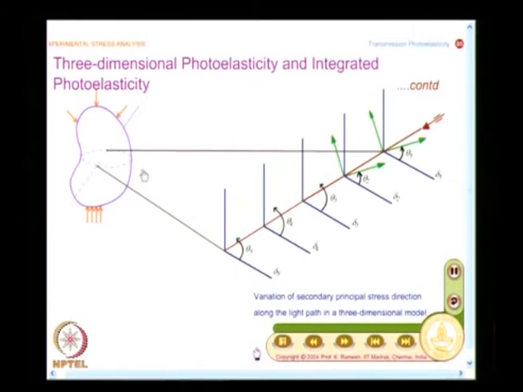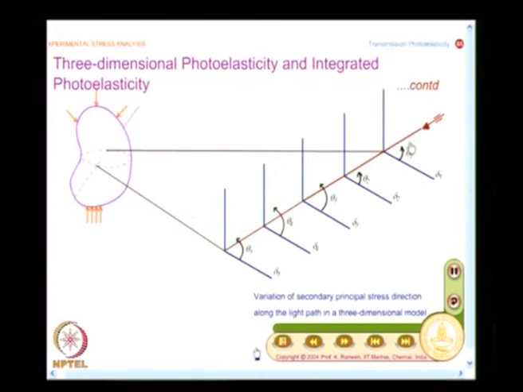I have only shown 5 representative planes for this light path incident. You will have many planes and you can consider all of them as individual retarders. From a mathematical point of view, you will have several Jones matrices for these retarders and you can multiply them and get the integrated effect.